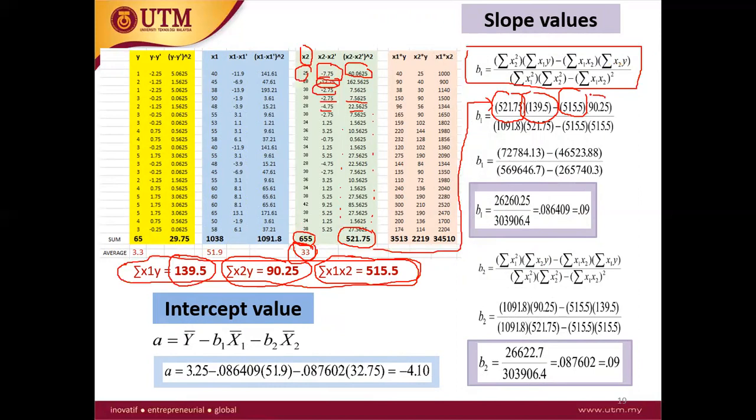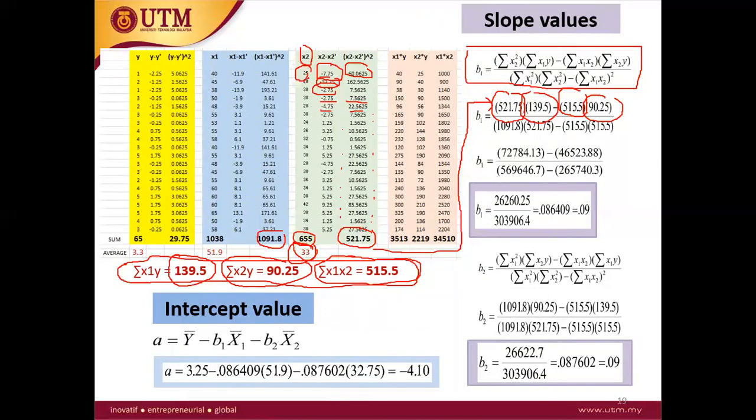Divide by the sum of x1 squared, which is 1091.8 here.